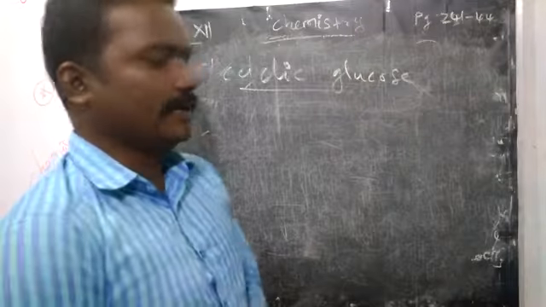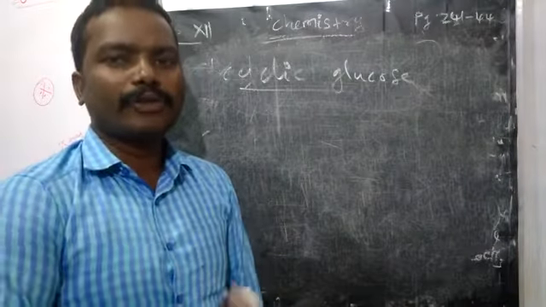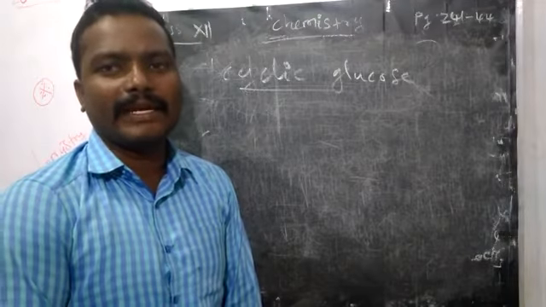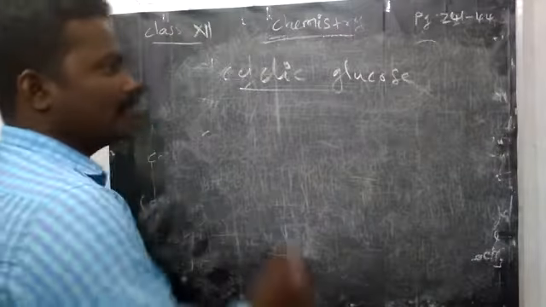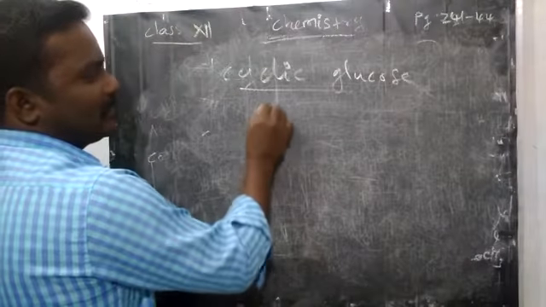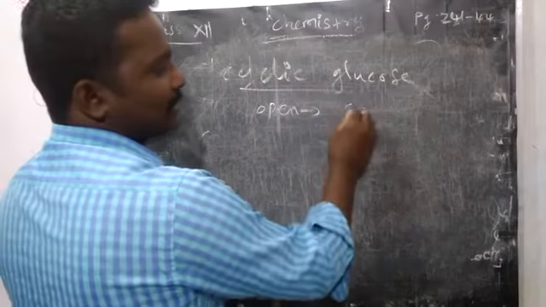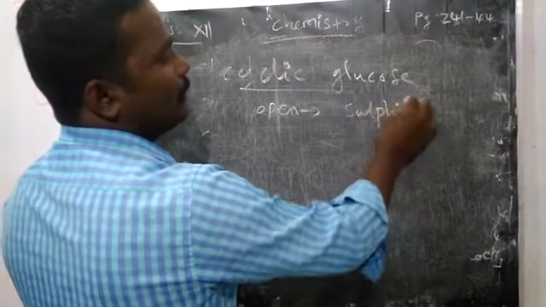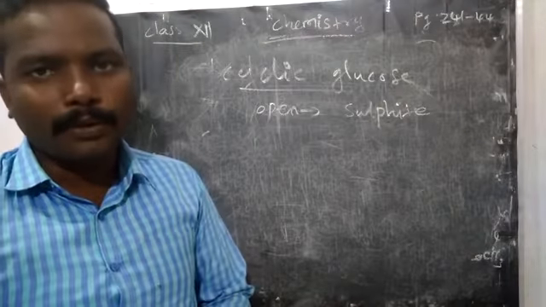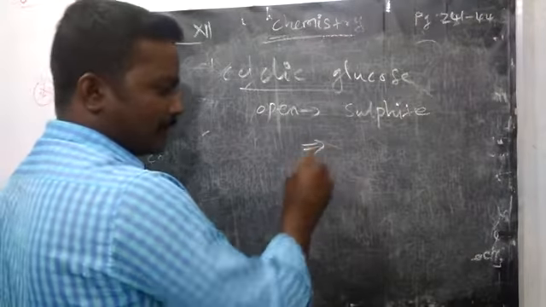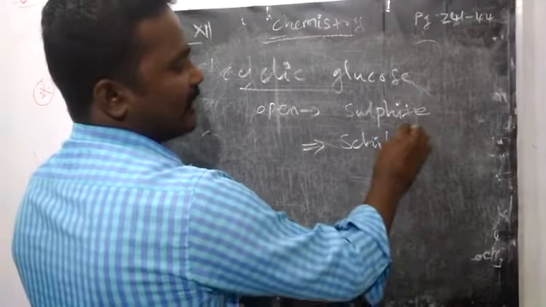If you treat an aldehyde with sodium bisulfite, it will give a crystalline bisulfite compound. But this glucose linear structure, that open chain glucose, does not give the bisulfite compound, and also does not react with Schiff's reagent.